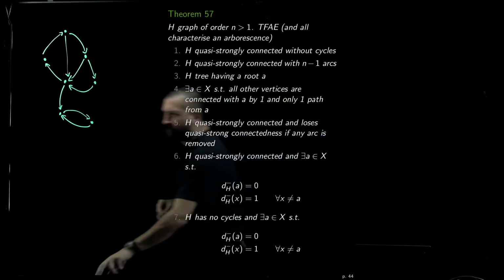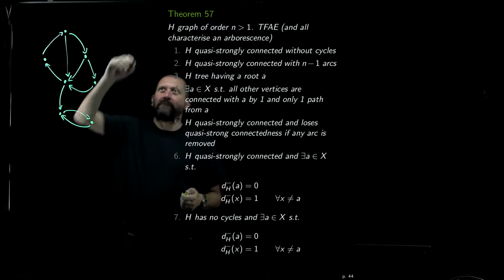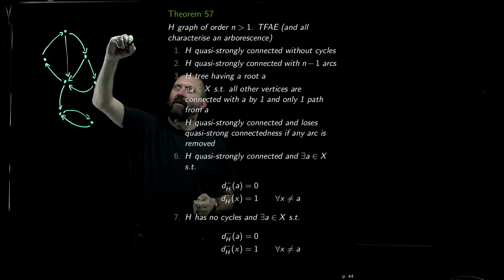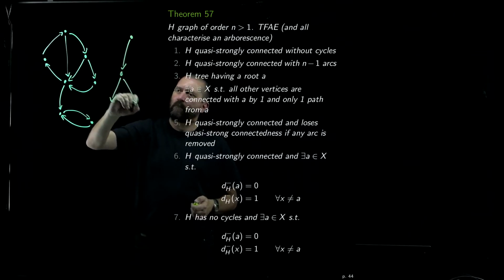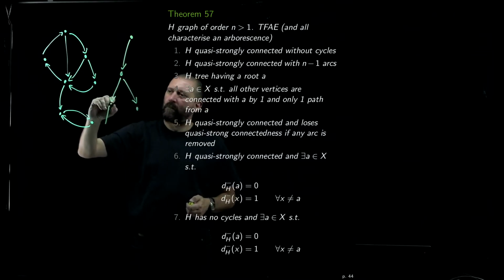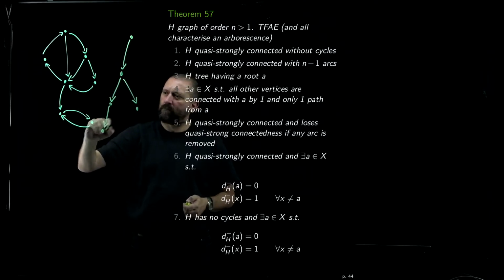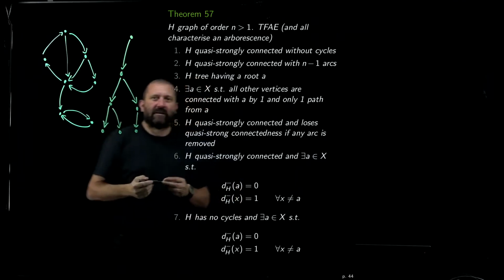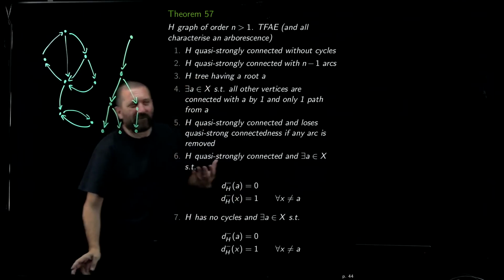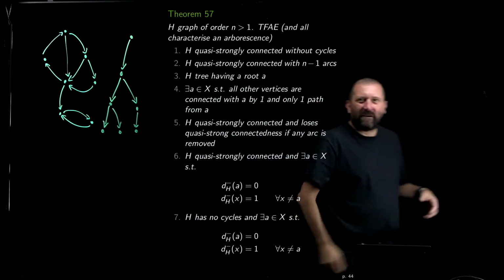And by the way, probably I should show this. An arborescence could definitely be something like this. The oriented version of a spanning tree, essentially.